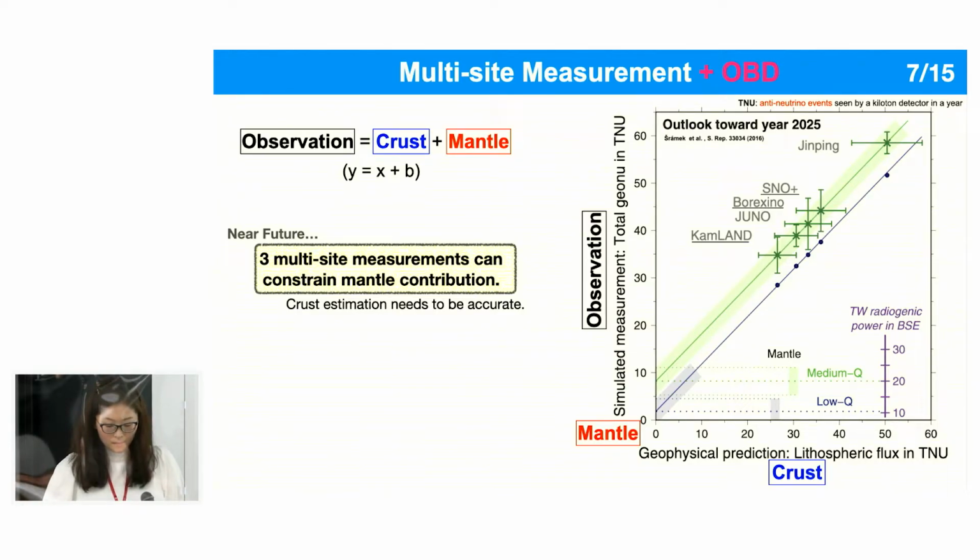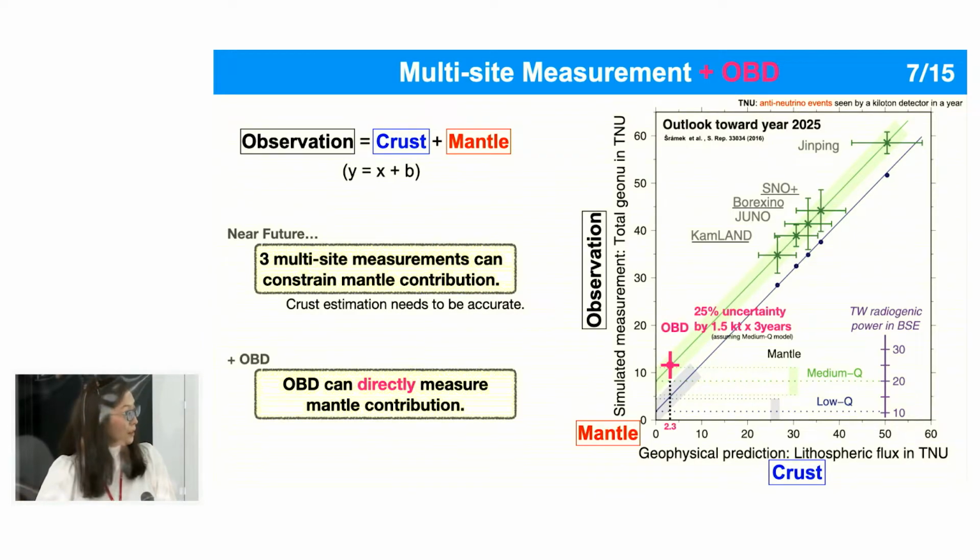But the crust estimation also needs to be accurate, because in land-based experiments about 70% of the contribution is the crust.